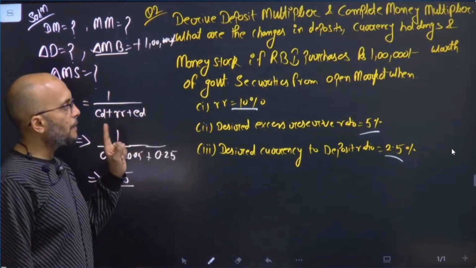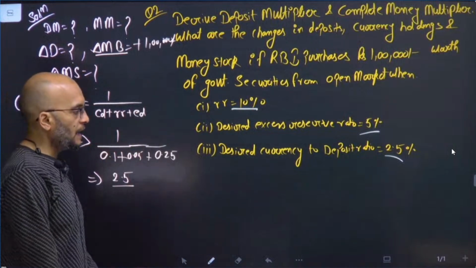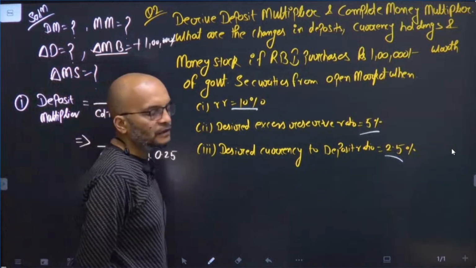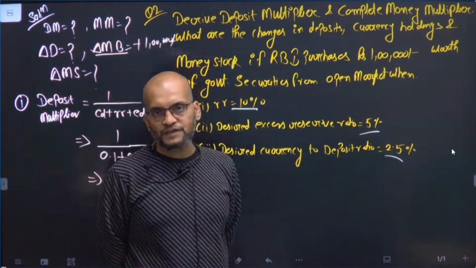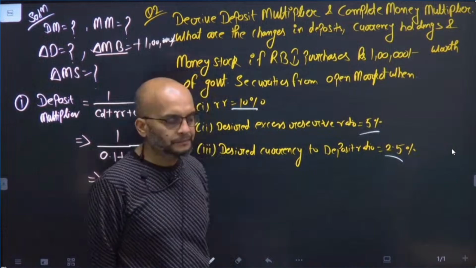Now they are asking complete money multiplier. And complete money multiplier is given by the formula CD plus 1 upon CD plus RR plus ED.